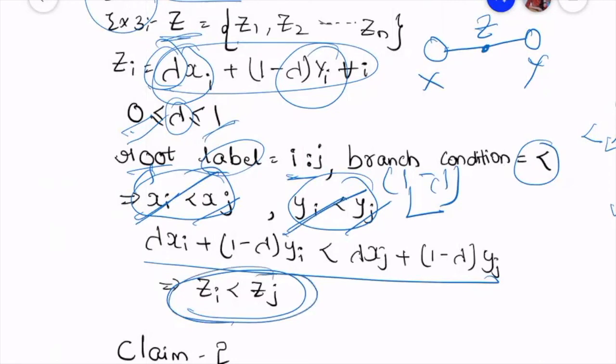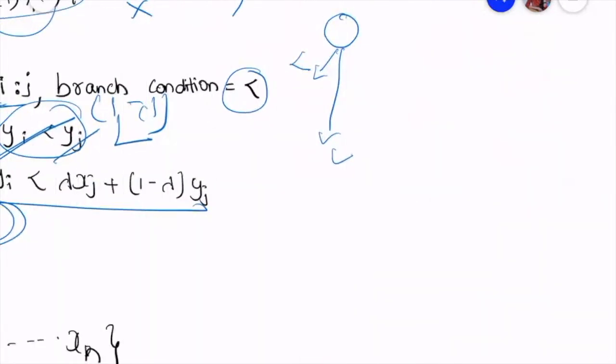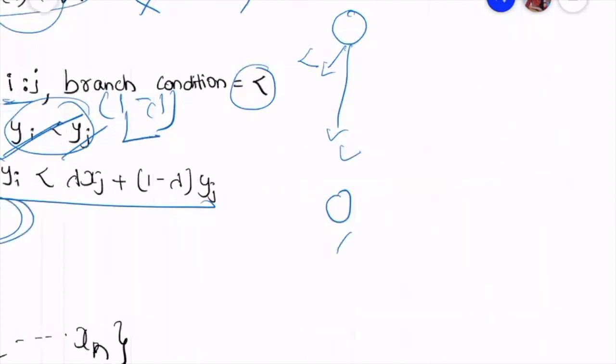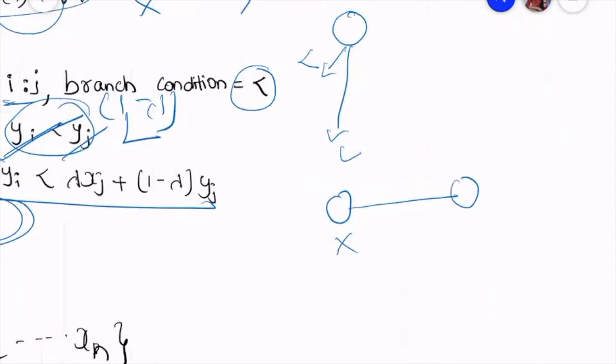From this, we can say that this is X and this is Y. By following some path, the answer of X is the leaf node, and the answer of Y will also reach the same node. Then automatically Z will also reach the same node. We have seen this just now in the proof.